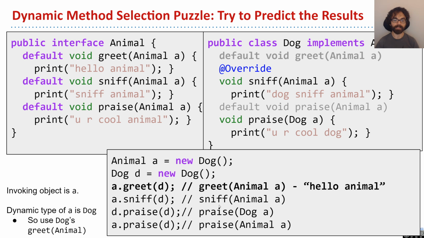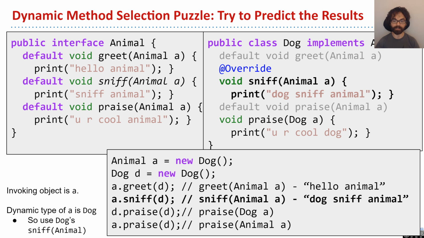Okay. How about sniff? Same deal. Well, now there's actually 2 different sniff methods, but the dynamic type of A is dog, so we're going to use this one. If the dynamic type of A had been animal, if this said animal A equals new animal, we would be calling this method on the left. But we're always going to use the one on the right because both A and D, our invoking instances, are of dynamic type dog.